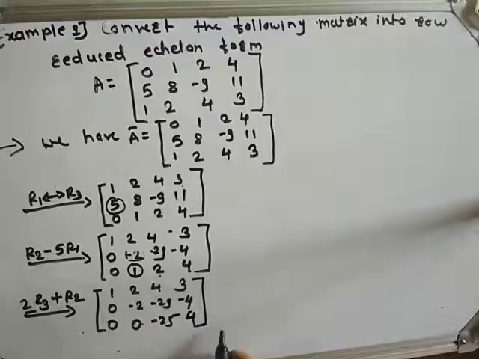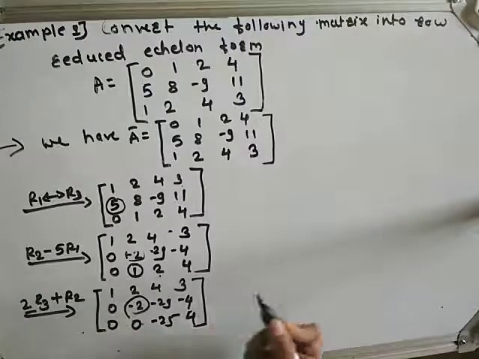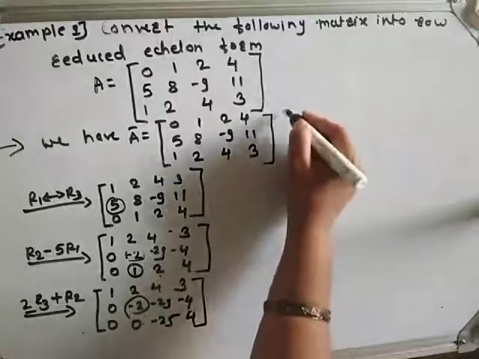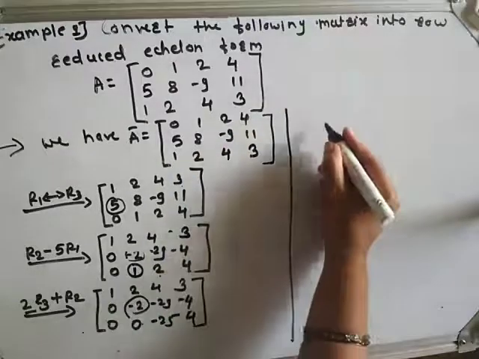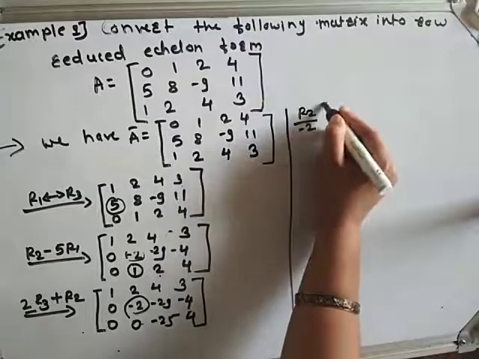Now here we require 1. Therefore we perform the row operation R2 upon minus 2.